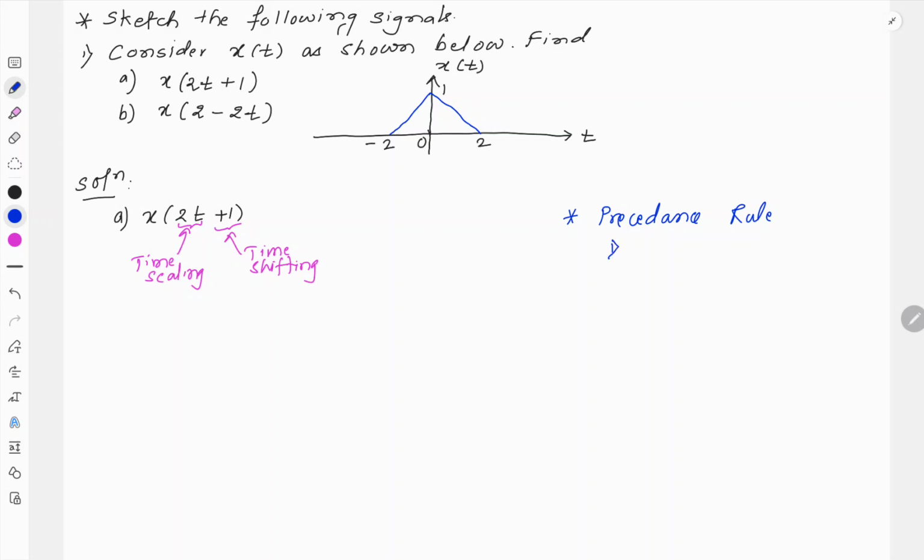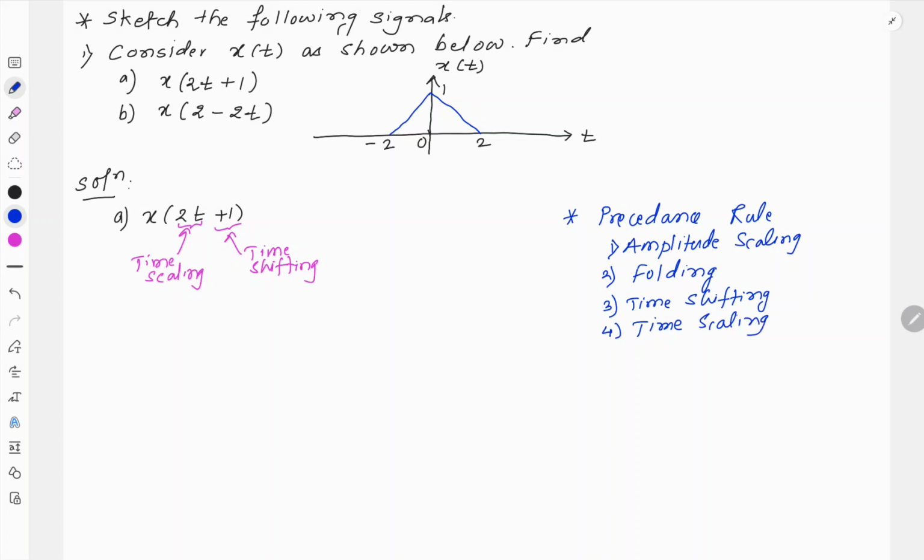First, you should always go with amplitude scaling. Second, the folding operation. Third, time shifting. And fourth, time scaling. You should always do the operations in this order.